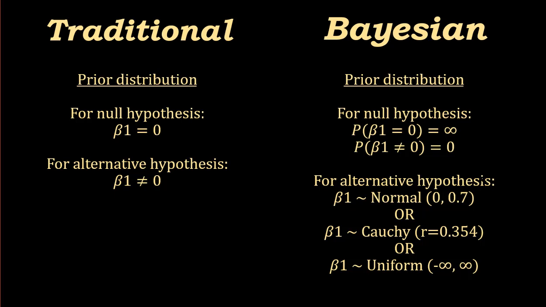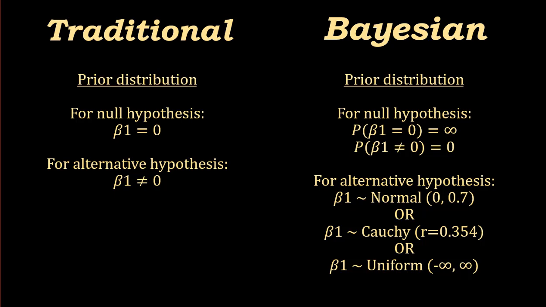Now, for the alternative hypotheses in the Bayesian approach, we put a distribution over possible values. These are three options that we can use, and there are many others. But these are what are called default priors, which try to give very little information about the parameter values.